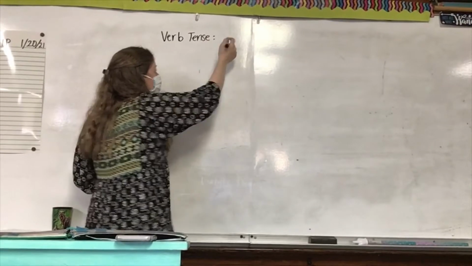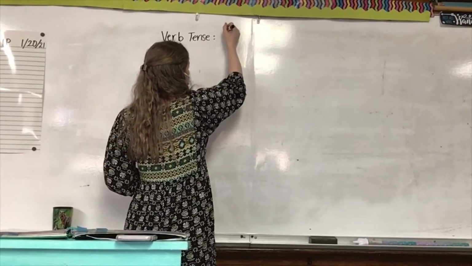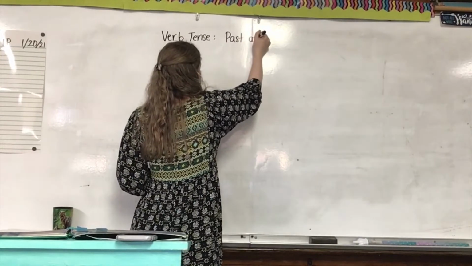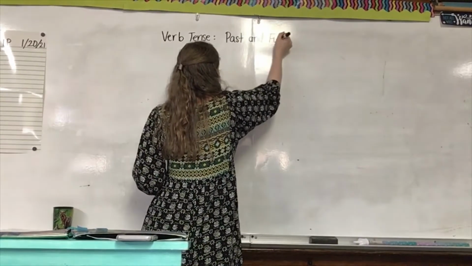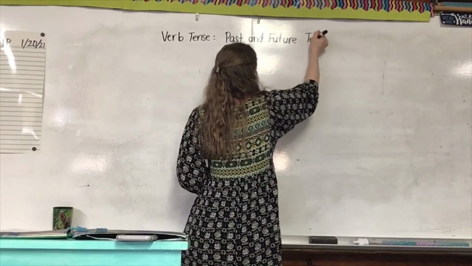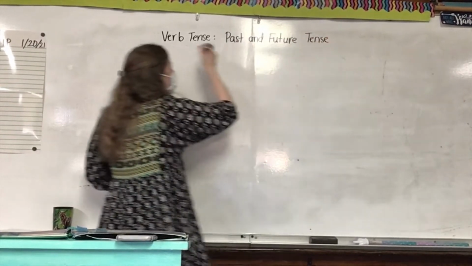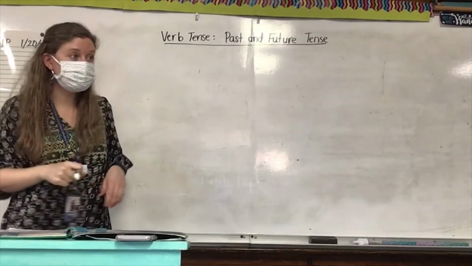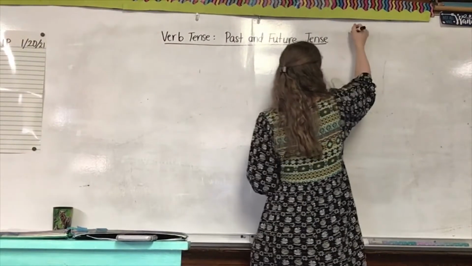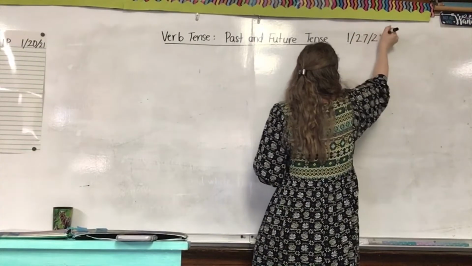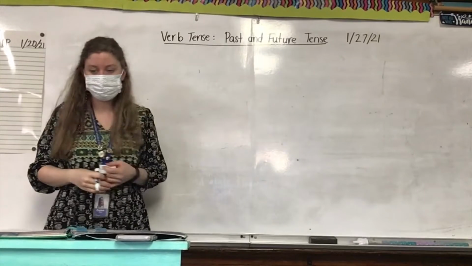Today, we will be talking about past and future tense. Now, we talked a little bit about those on Monday, so this is not going to be brand new information, but it's going to be more information.